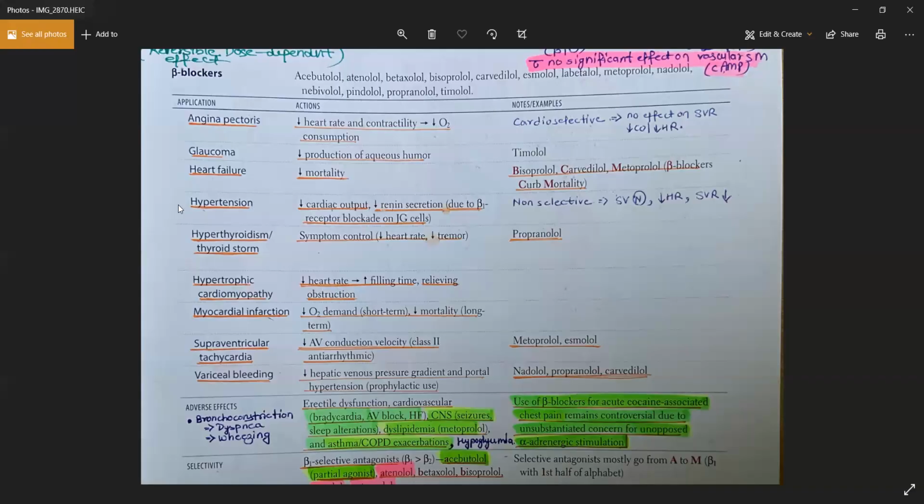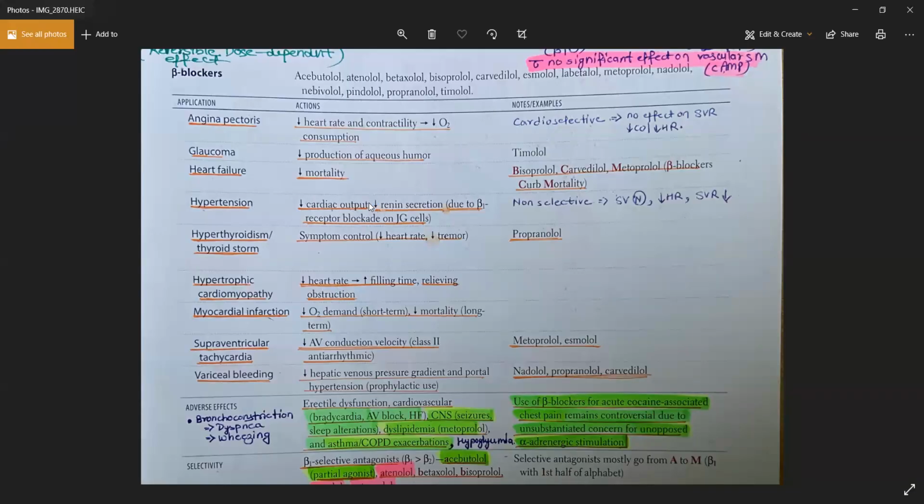Then for the treatment of hypertension, due to the beta 1 stimulation or the blocking effect, you will have the loss of JG cells, you will have the loss of renin secretion, and you will have the loss of cardiac output also. Okay, and if you give the patient a non-selective type, then what's going to happen?